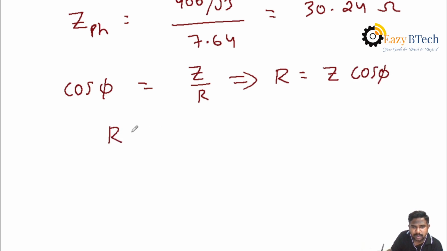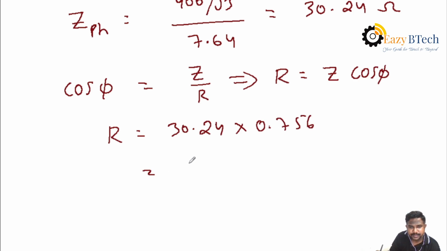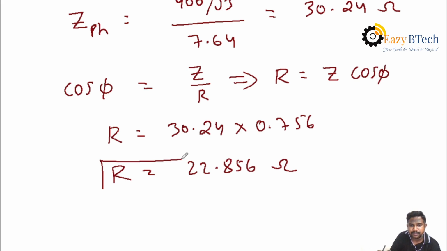By using this formula, we find the resistance. Z is 30.24 into the cos phi value 0.756. Hence, the value of R is 22.856 ohm. That is the resistance value.